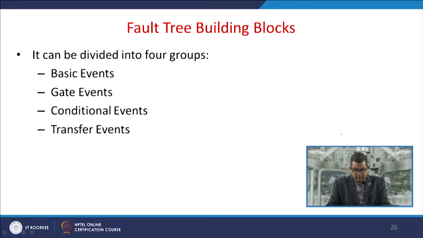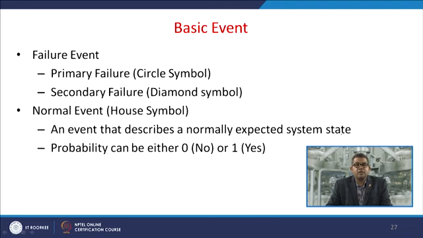Now, let us have a discussion about the fault tree building blocks. You can divide them into 4 different groups: basic event, gate event, conditional event, or transfer event. Let us have a look at the basic event. That is the failure event, the primary failure, usually denoted by the circle symbol.